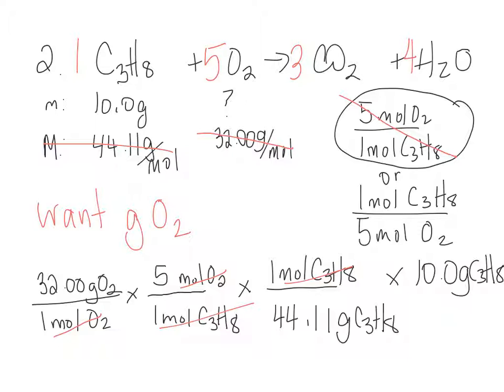So you have to write in mole in your mole ratio. You have to write mole in your molar mass. Okay? So here we go. Grams of propane are finished. Now if you look at that, the only unit that we have left is grams of O2. So 32 times 5 times 10 divided by 44.11 will give you grams of O2. So try it. Put it in your calculator.